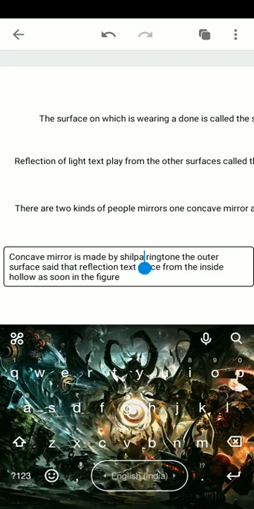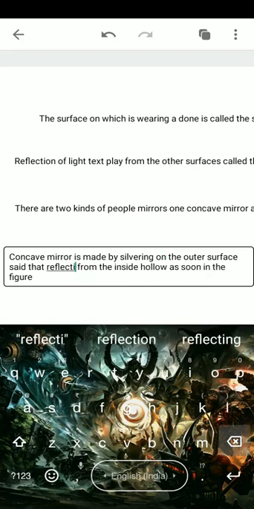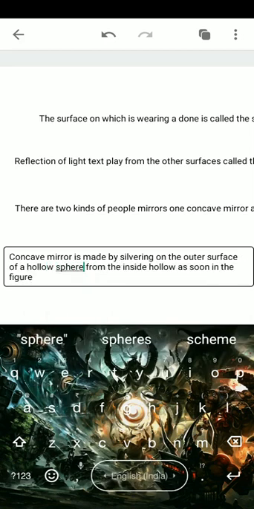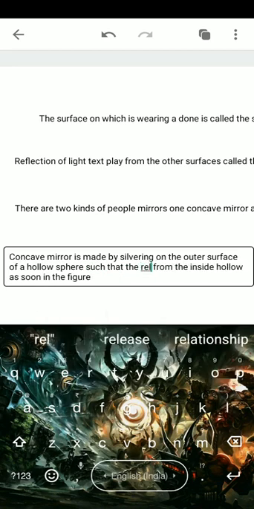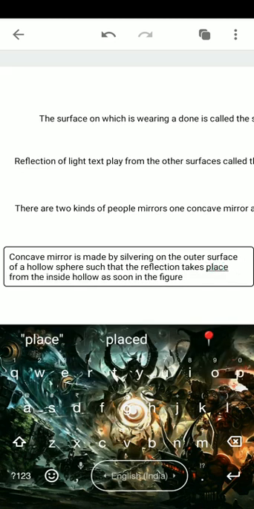Concave mirror is made by silvering on the outer surface of a hollow sphere such that the reflection takes place from the inside hollow as shown in the figure.